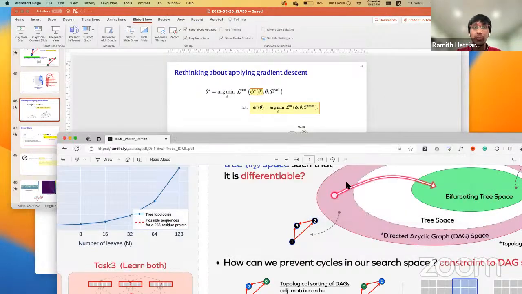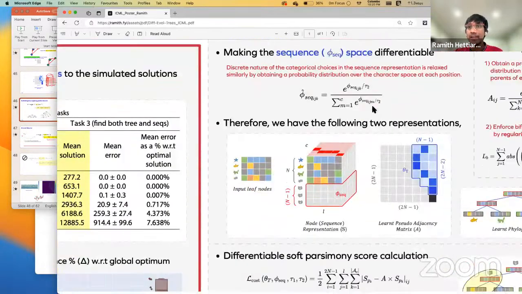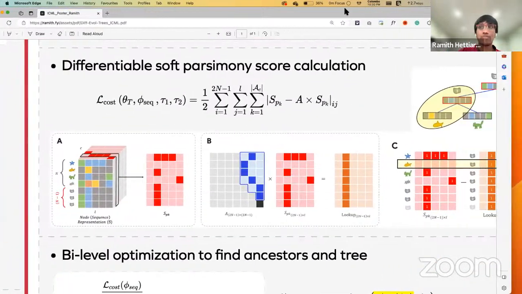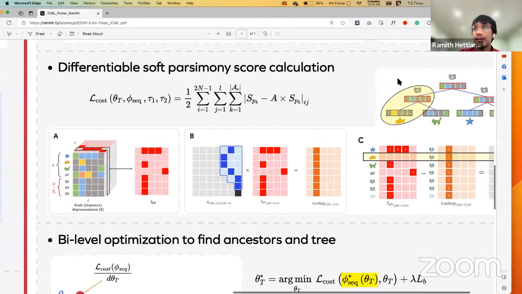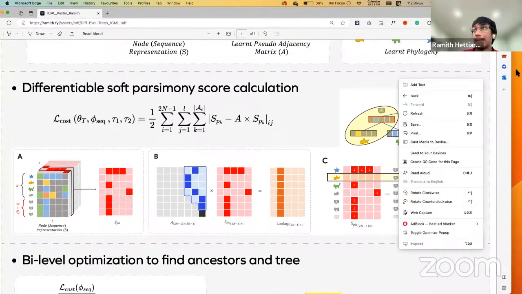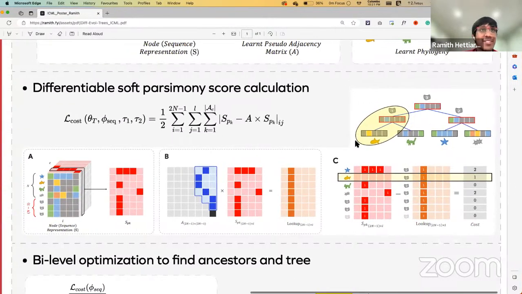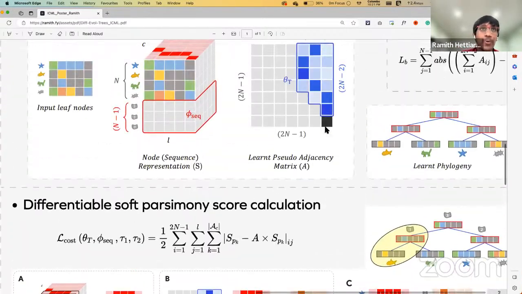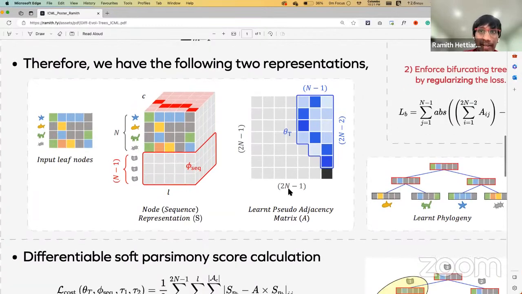So how I do that is, I don't actually have a slide for that, but I'll quickly show what's happening there. I'm not sure whether this is very visible. So now we have a soft adjacency matrix and a soft sequence matrix.